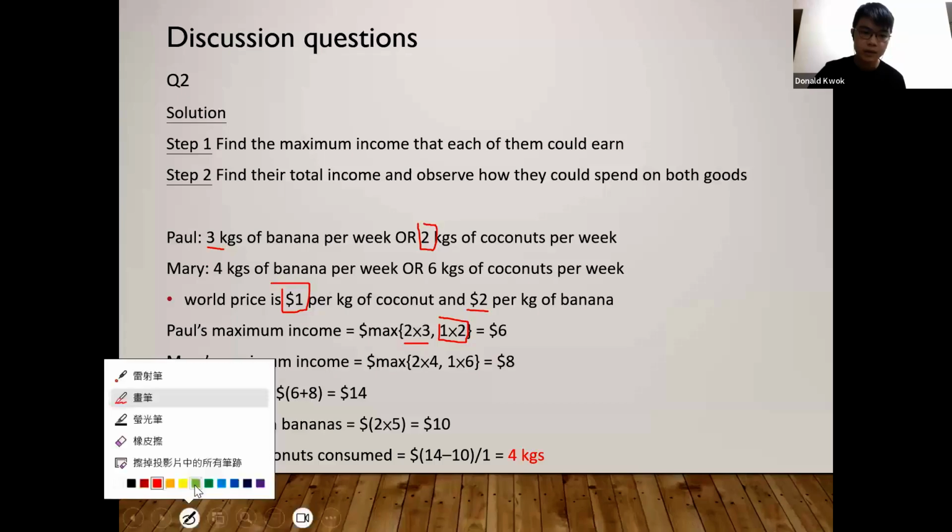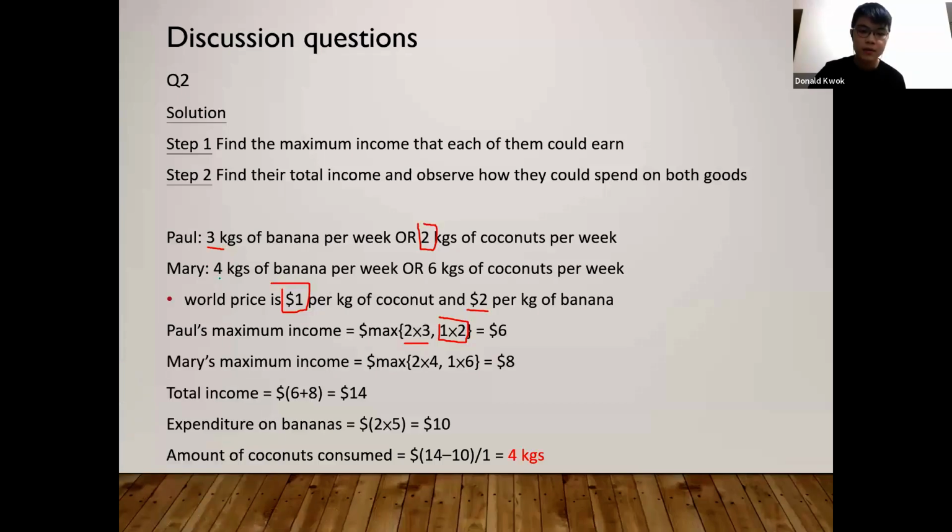All right, so on the same token, for Mary, if she's producing banana, she can earn 4 times 2, which is 8, or produce coconut and earn 6 times 1, which is 6. And since 8 is greater than 6, then Mary will spend all her time to produce banana and earn $8.